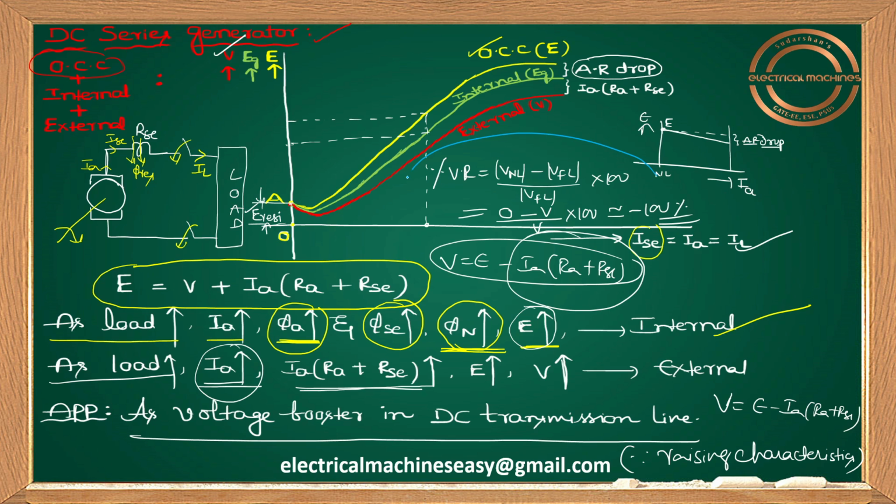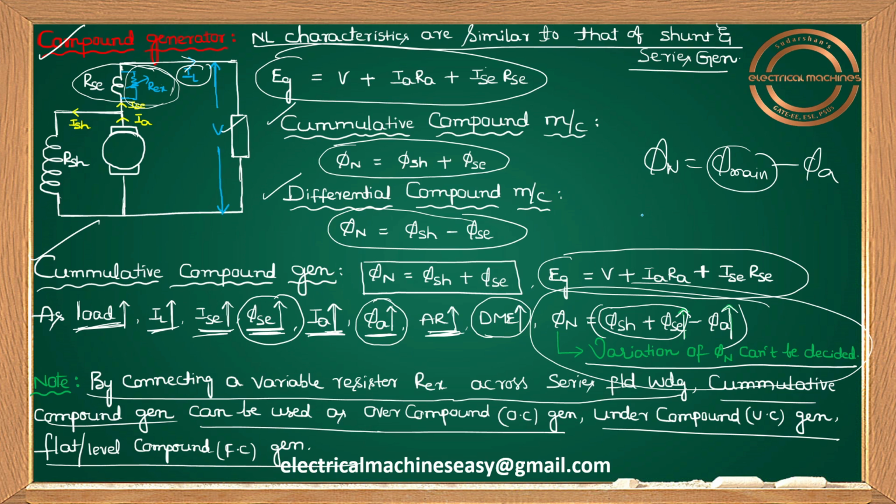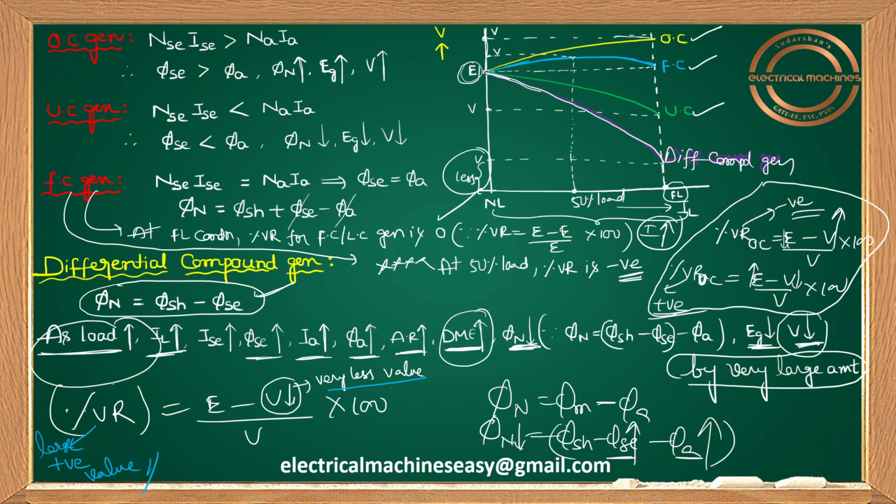So if they ask simply magnitude, your answer is the DC series generator. If they ask which generator has the highest positive voltage regulation, obviously your answer is the differential compound generator. Okay guys.